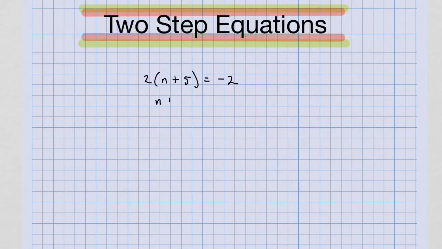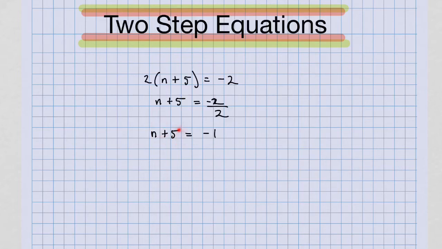So now we have n plus 5 equals negative 2 over 2. We simply took this 2, dividing it from both sides. So now we have n plus 5 equals negative 2 divided by 2 equals negative 1.